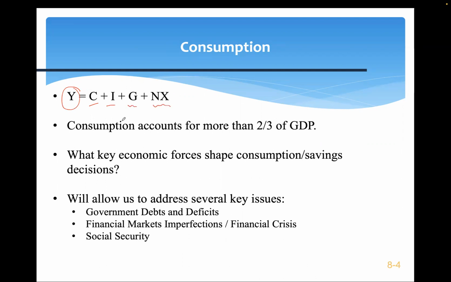If we look at the data, consumption accounts for more than 2/3 of total GDP. This is true not only for the US, it's pretty much the fact for all countries around the world. But now we need to understand what economic factors determine consumers' consumption and saving decisions.